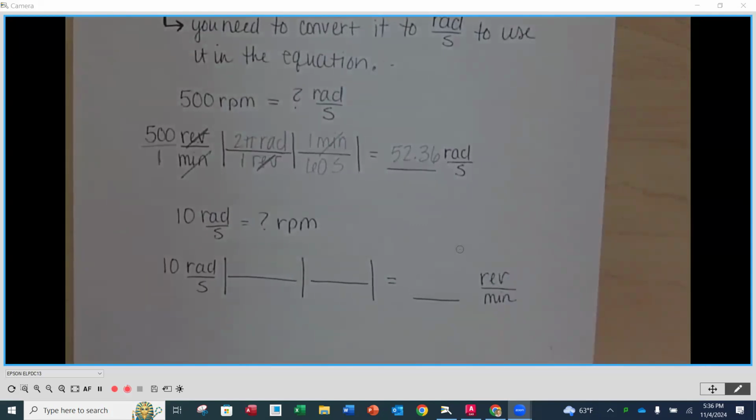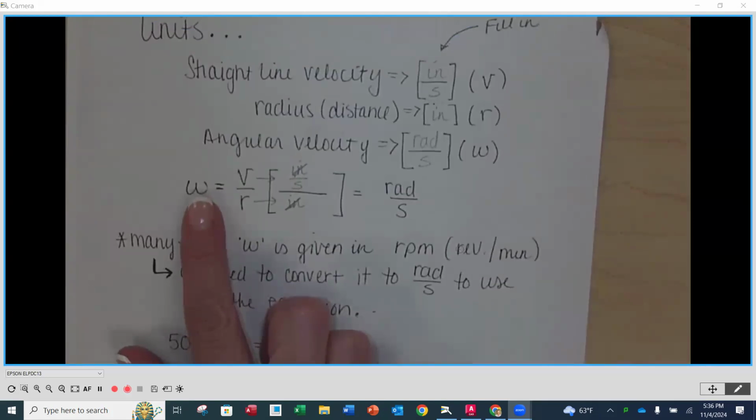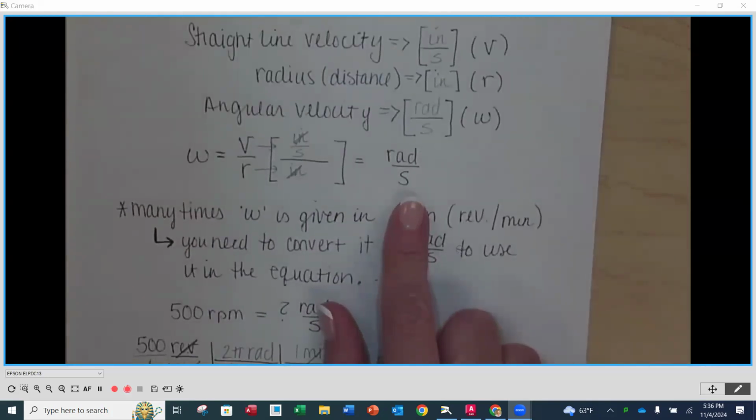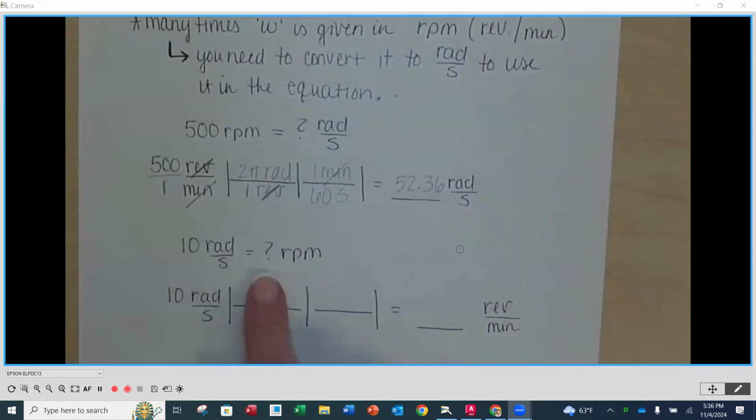All right, let's go in the opposite direction. Let's go from radians per second to RPMs. Because when we use this equation above to calculate our angular velocity, you will not leave it in radians per second as a final answer for me. You will always convert it to RPMs.